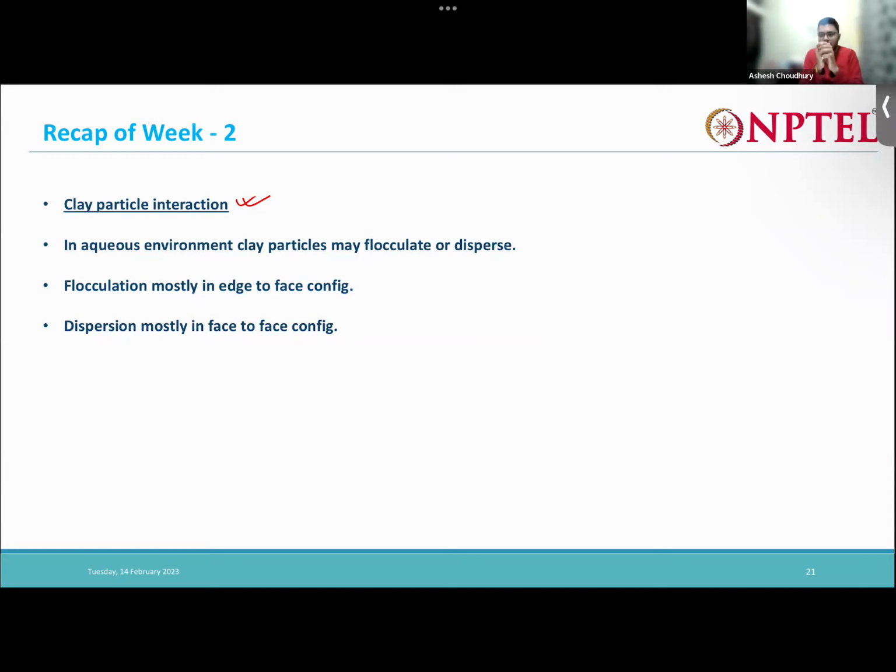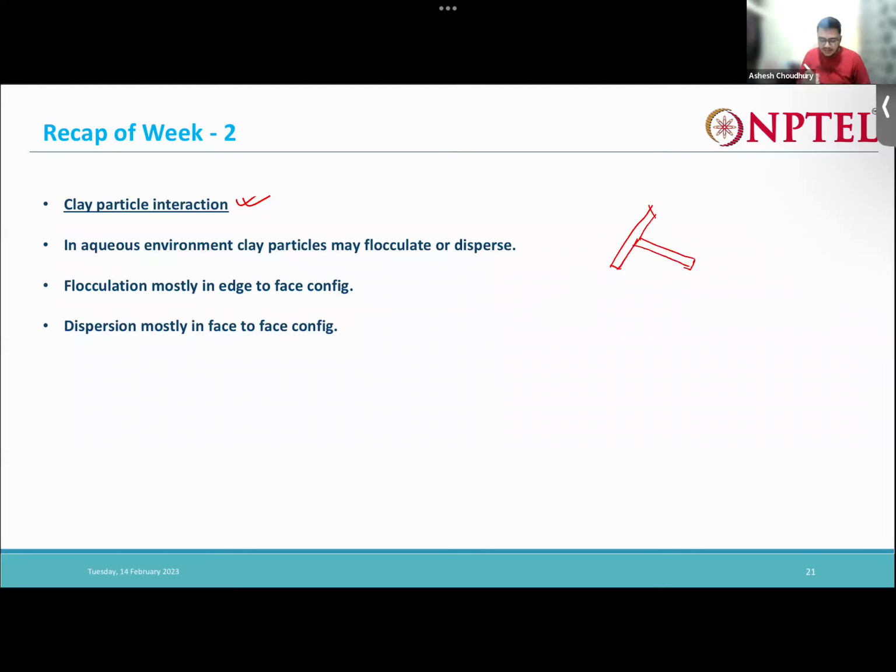Flocculate means they may come together, or they may disperse, or go away. If you look under the microscope, you can notice this behavior. They may either flocculate or disperse. Flocculation is mostly in the edge-to-face arrangement, where this is one clay particle and this is another clay particle.